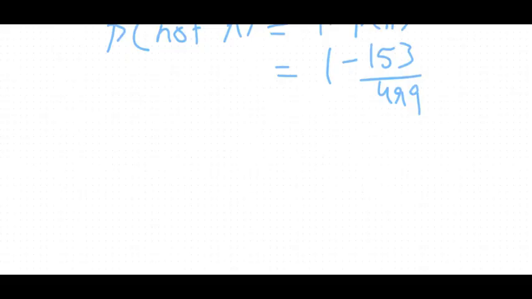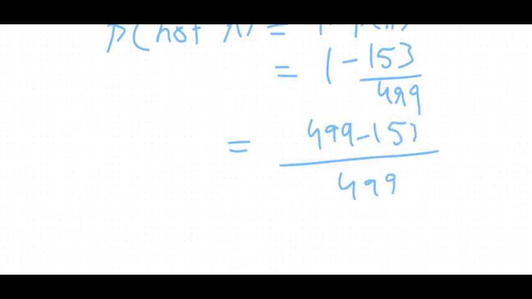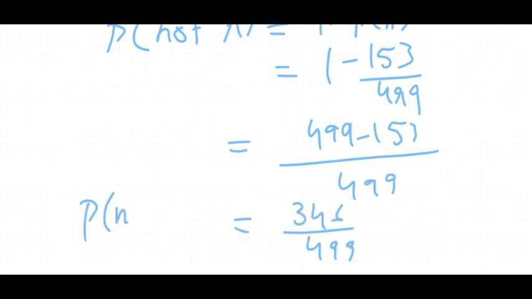We have 499 minus 153 divided by 499, and the answer is 346 by 499. This is P of not A.